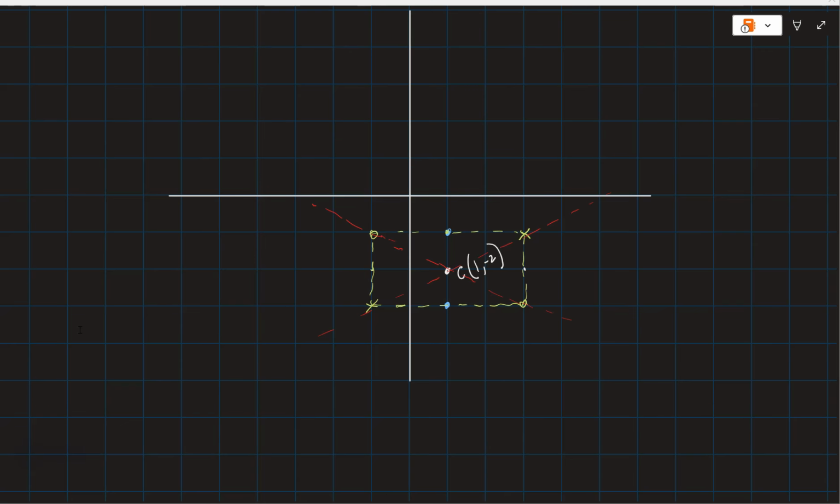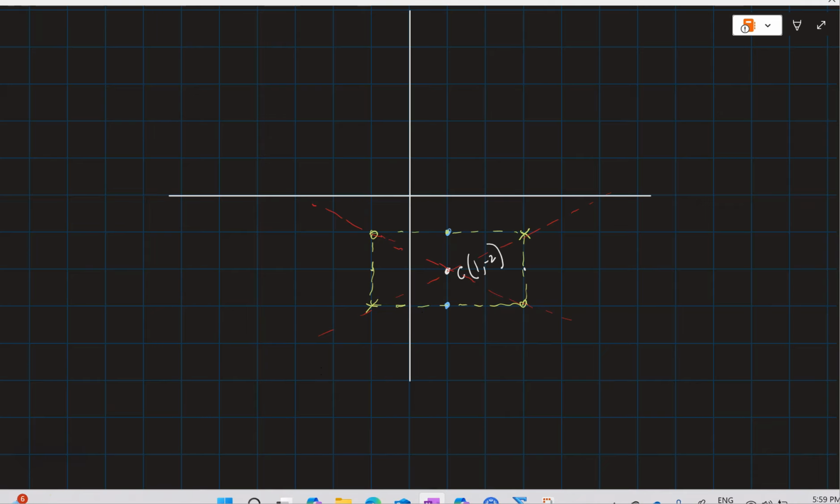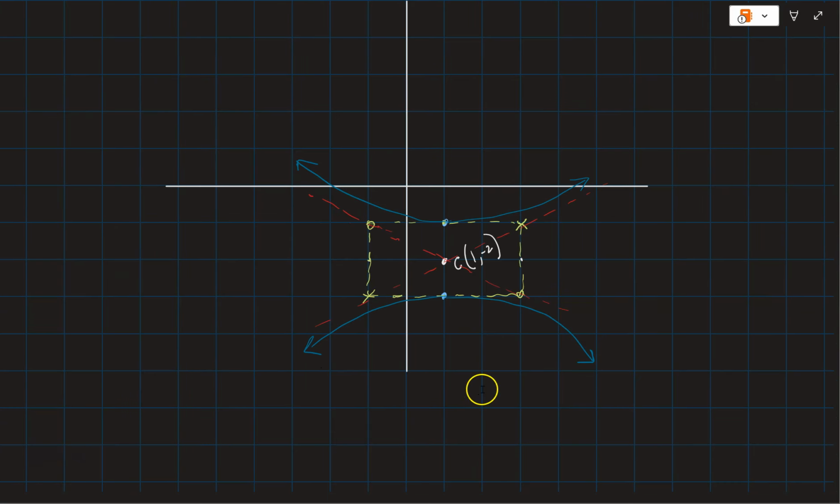And now, using the vertices, that point right there and that point right there, you're going to use these 2 points and the asymptotes as a guide to graph it asymptotically on both sections, and this would be vertical. So let's do that, and here it is.